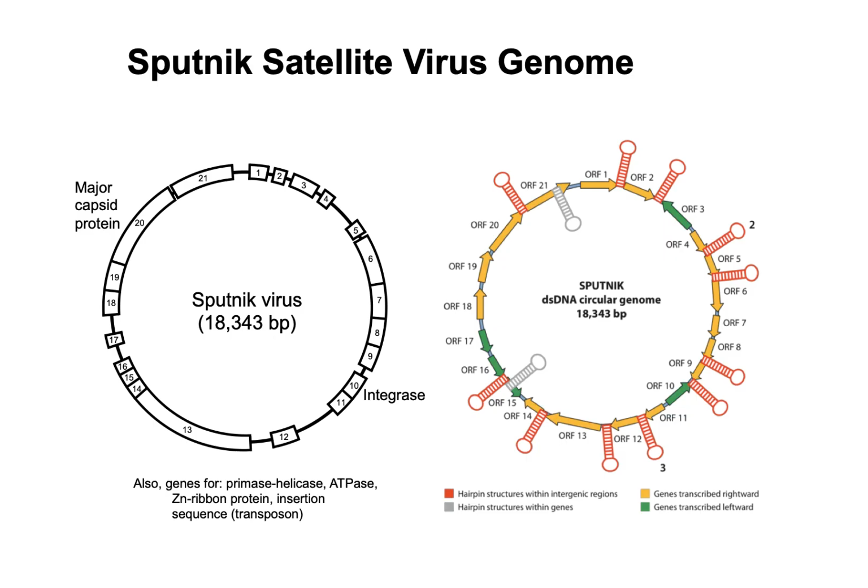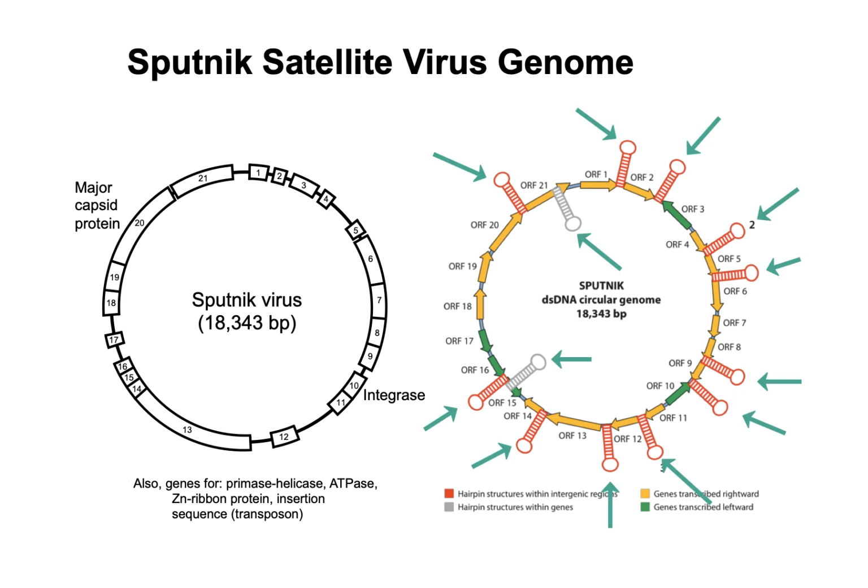The Sputnik virus also has some unusual genes on it. A few are expected, like the major capsid protein and the integrase. Most of the other genes, the positions aren't known, although it is known that there's a primase helicase that's one of the genes, an ATPase, a zinc ribbon protein, and an insertion sequence, such as what you would find in a transposon.